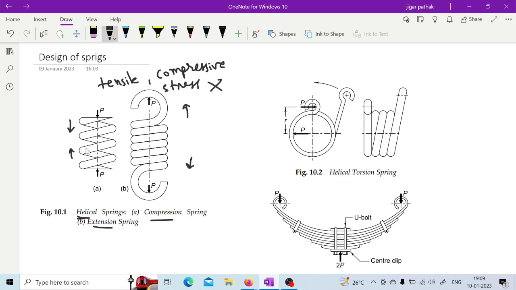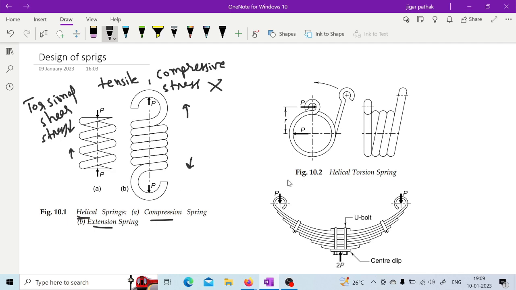In these helical springs, when load is applied, the spring is under torsional shear stress, so we need to keep that in mind.